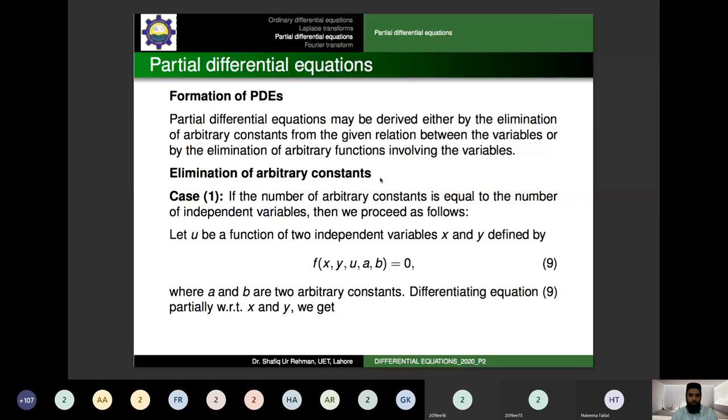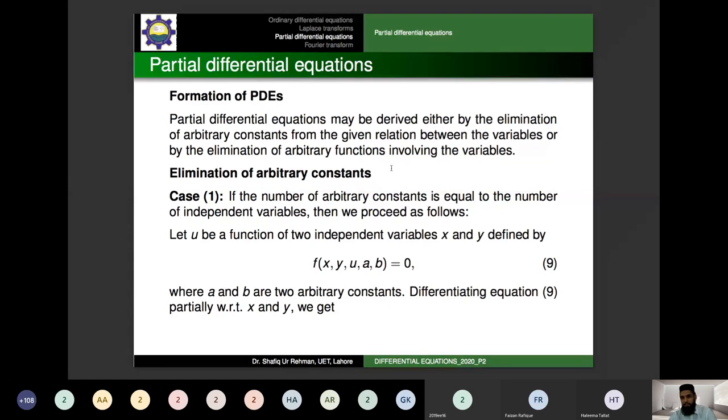So pretty much along the same line, we are interested in forming a partial differential equation now. They may be obtained, they may be derived either by the elimination of arbitrary constants from the given relation between the variables or by the elimination of arbitrary functions.